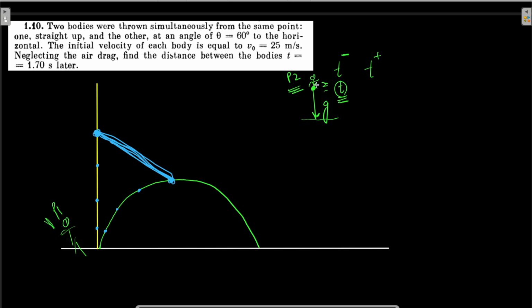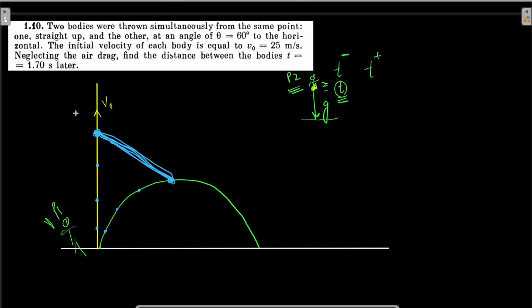So now this falling observer will notice that this yellow person is moving upwards with only velocity v naught. Why? Because both are traveling with the same acceleration, the acceleration part gets cancelled in relative motion. So this person will notice that this body was traveling upwards with v naught velocity, no acceleration.